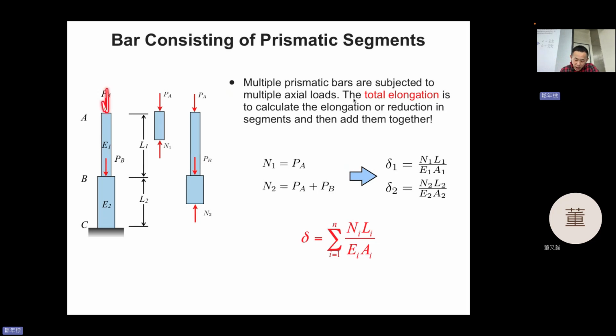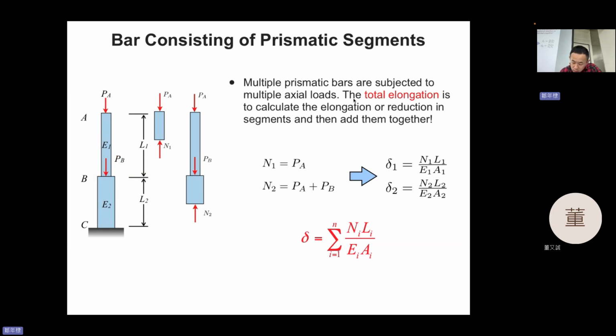PA on the top, PB on the top, and E1 is the Young's modulus of material 1, E2 the Young's modulus of material 2. If we want to get the total deformation, total displacement, we need to obtain the deformation for each part. So each part needs its internal force.